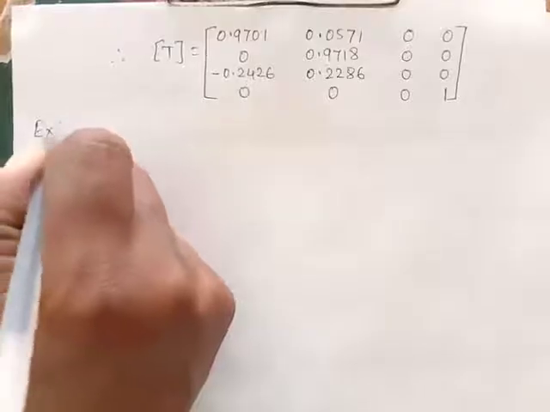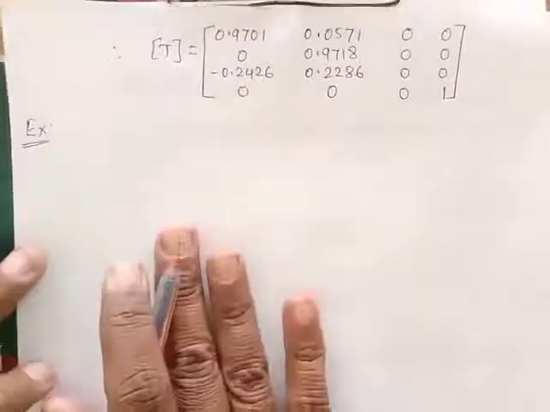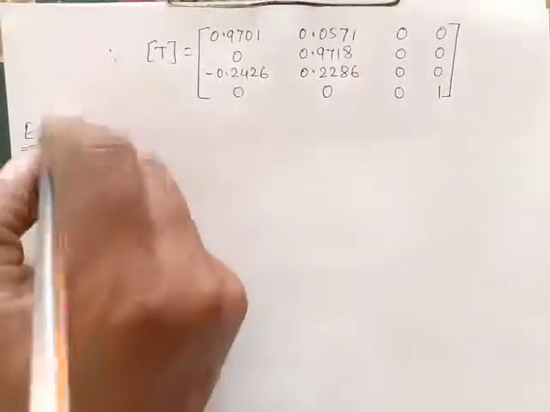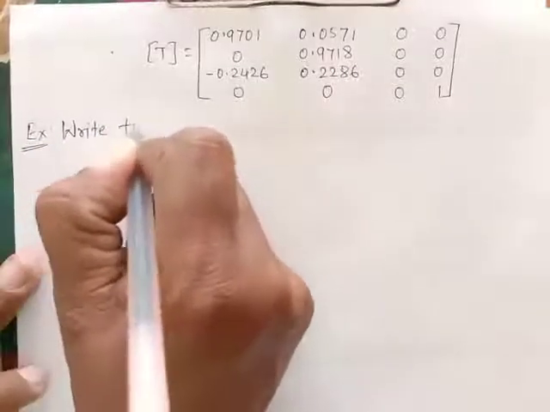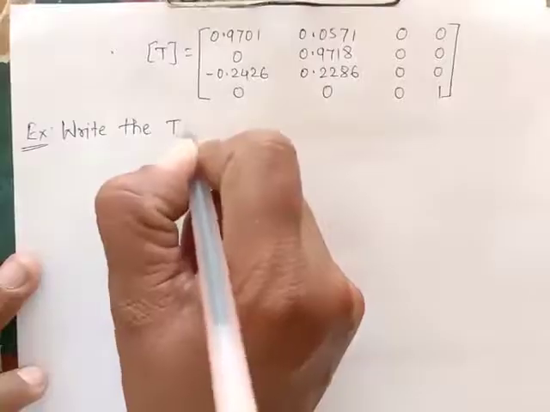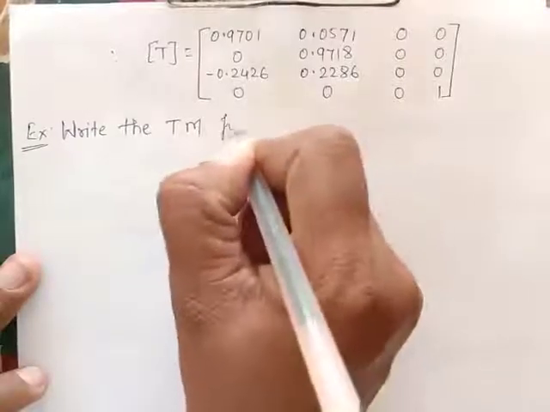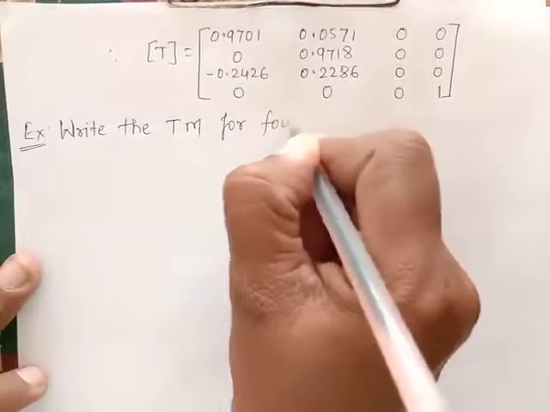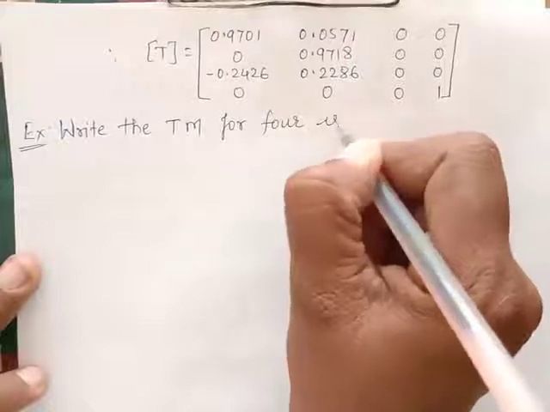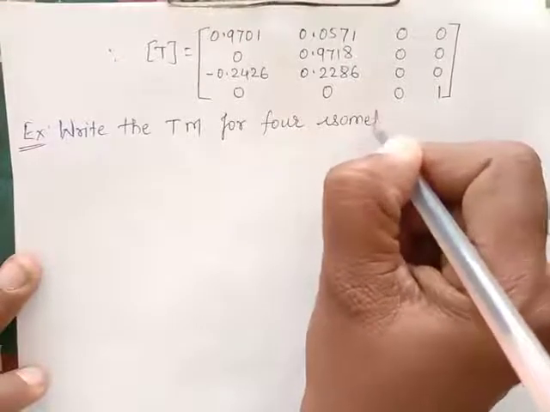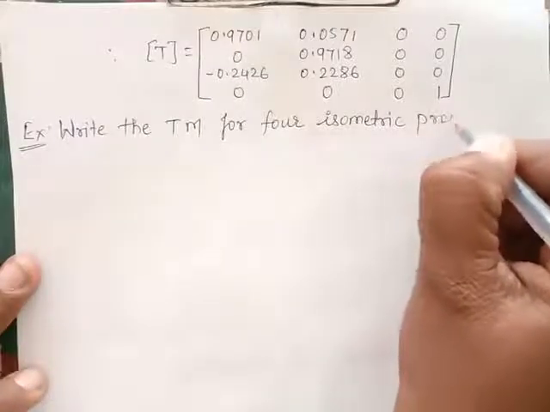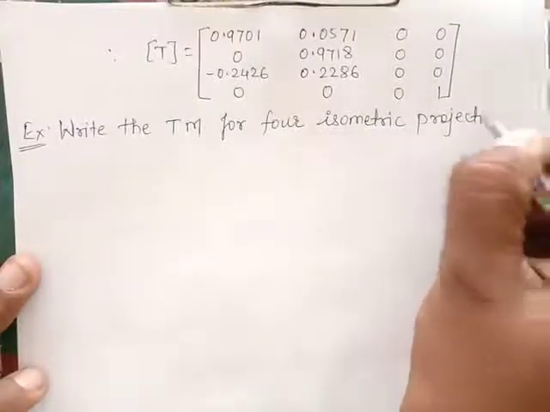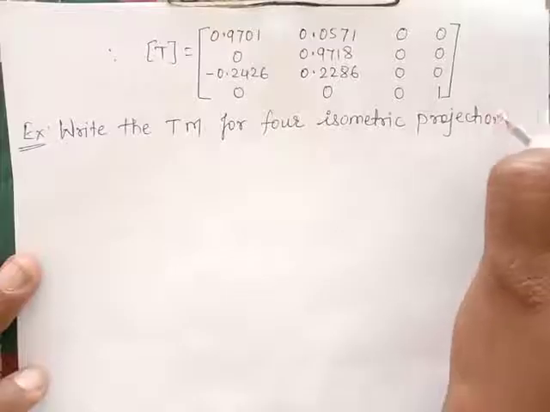Example, write the transformation matrix for 4 isometric projections.